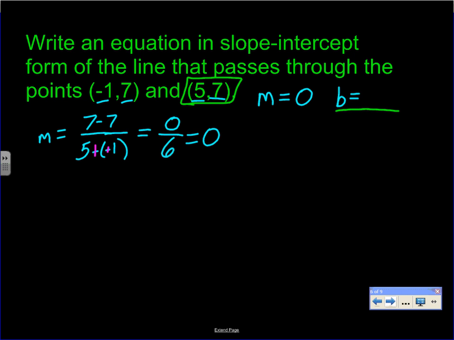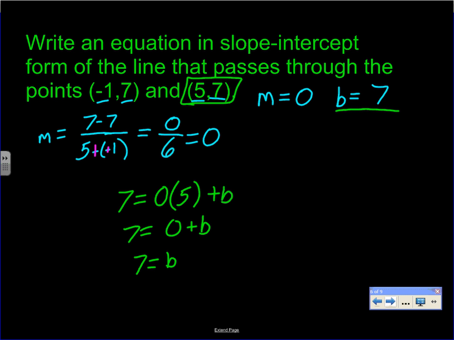Use this point, 5, 7. So we say y is equal to mx plus b. This is 7 is equal to 0 plus b, and so b is equal to 7. And to write the equation for that, y is equal to mx plus b, and B is a positive 7.